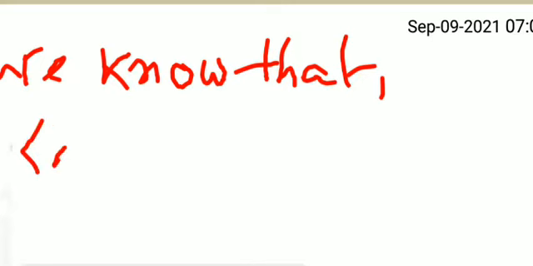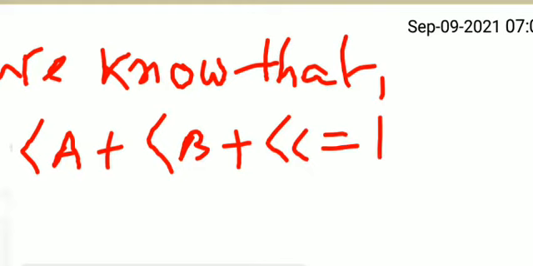So you have to write: we know that from angle sum property, angle A plus angle B plus angle C equal to 180 degrees. You must mention it.